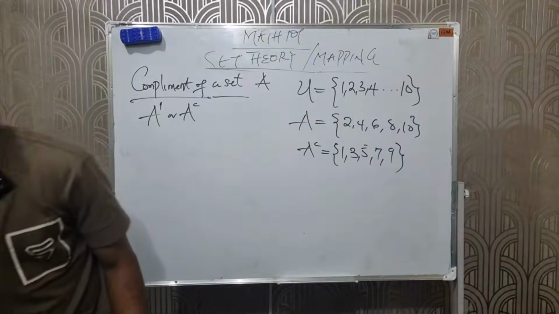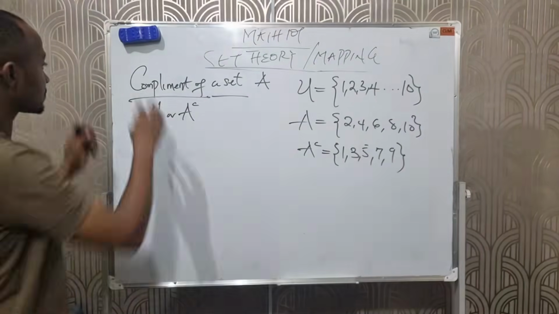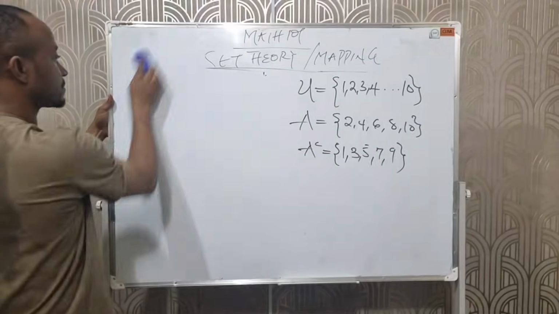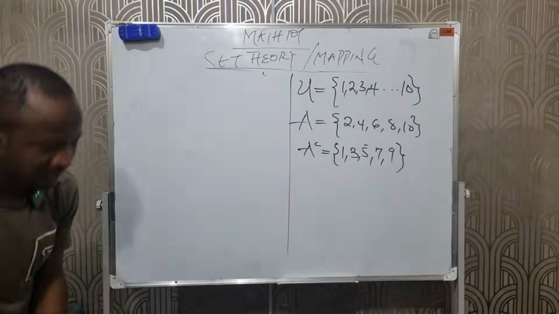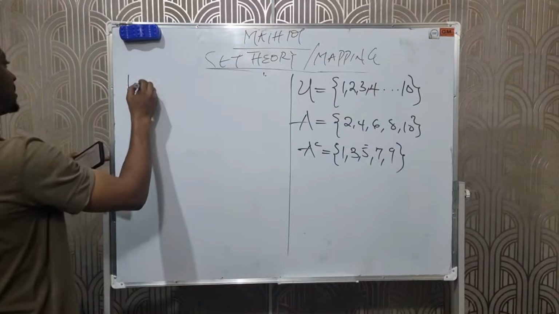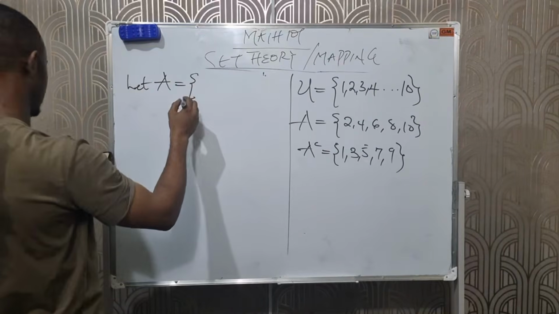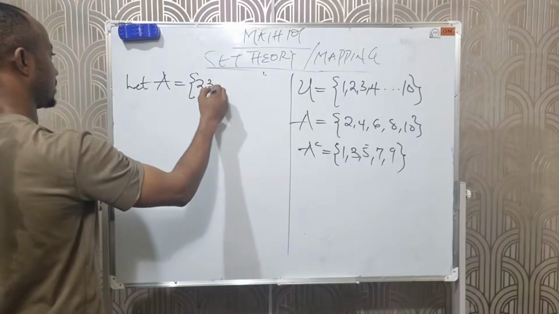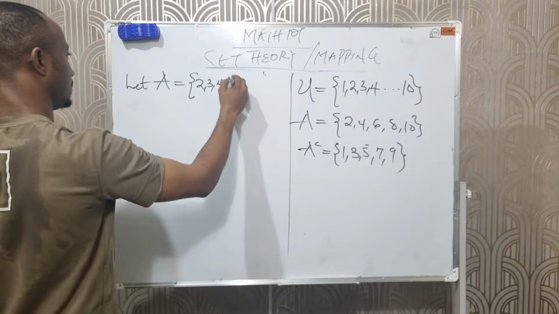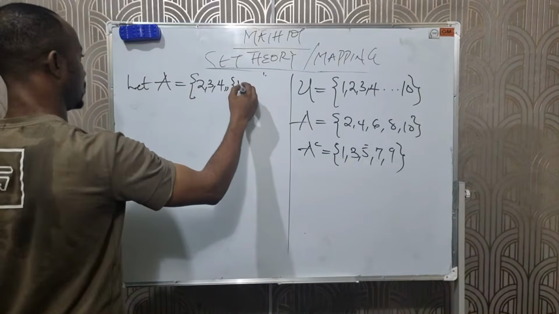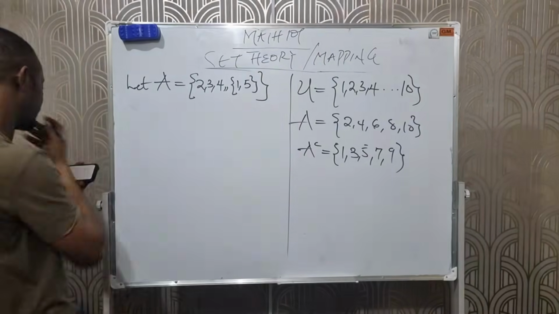Now let's solve one of the first questions here. The question says, let A equal {2, 3, 4, {1, 5}}.